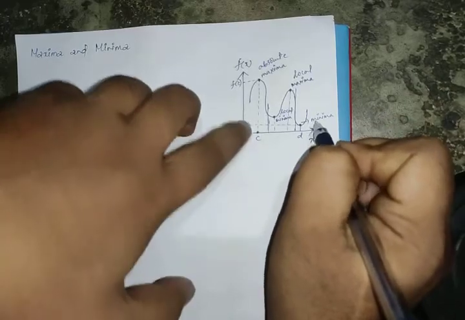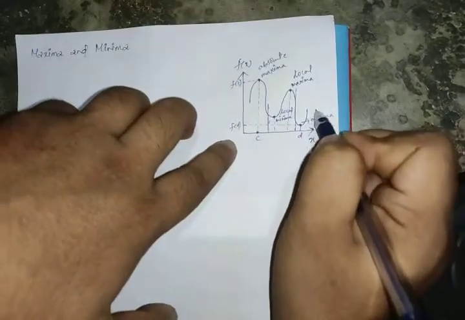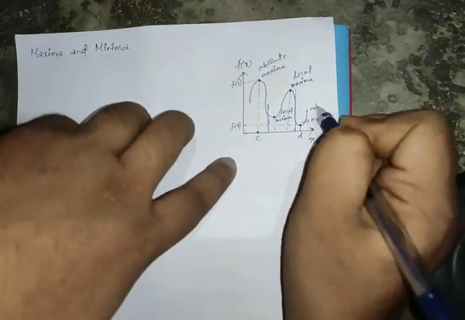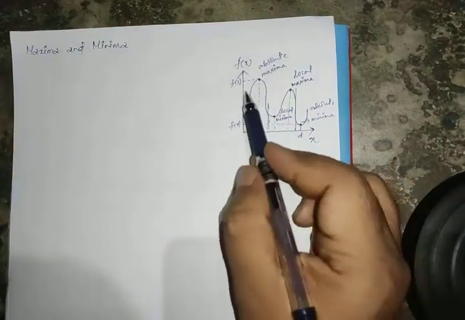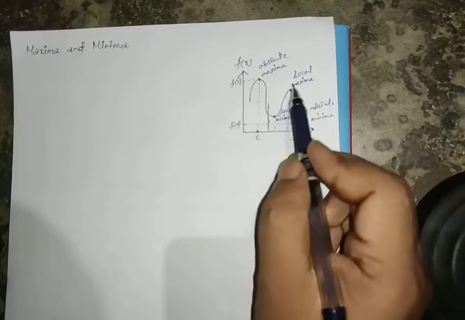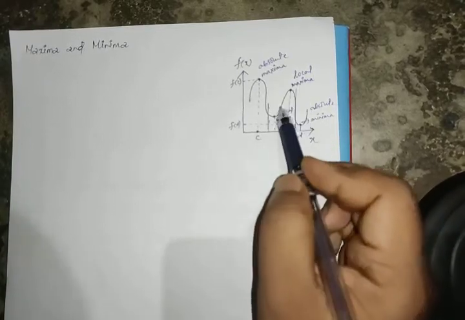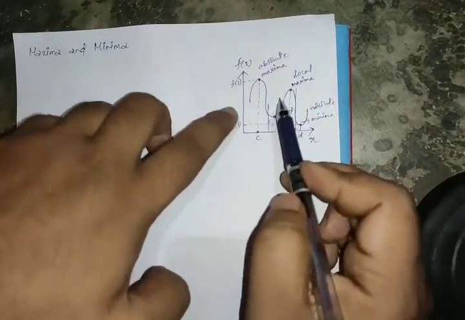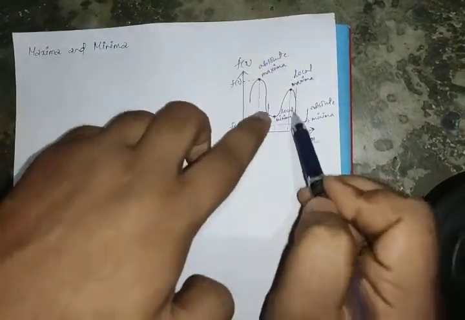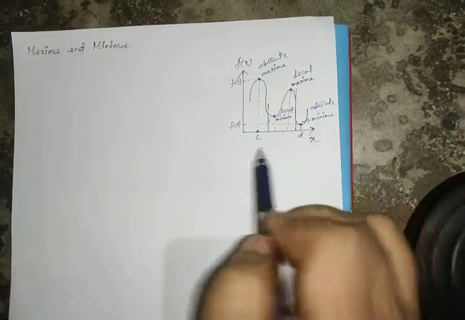This is for the overall interval, right? So this will be absolute minima. So that is the difference between absolute maxima and local maxima. Absolute maxima is for the overall interval and local maxima is for a particular interval. So that is the difference.